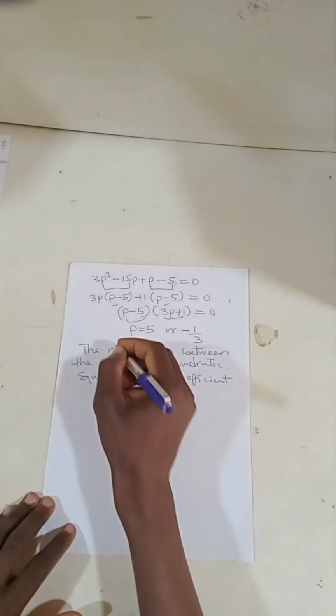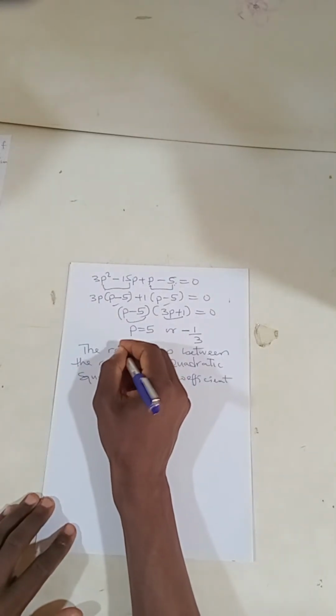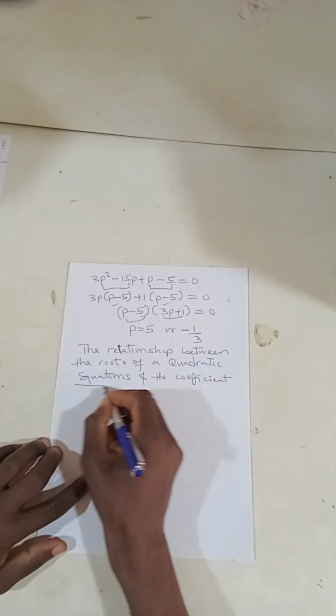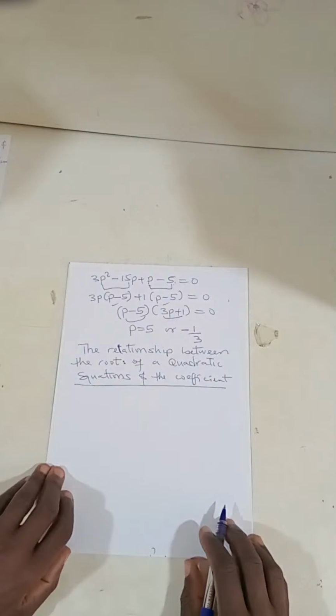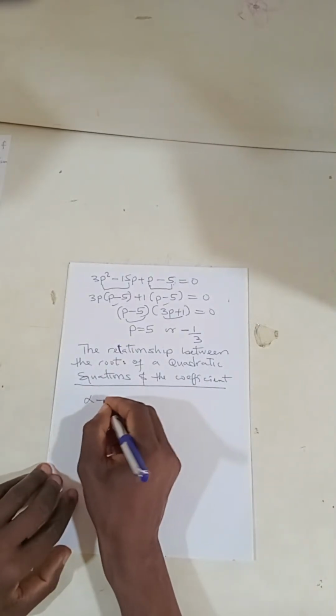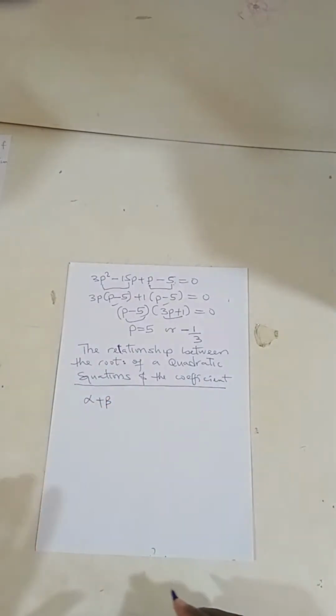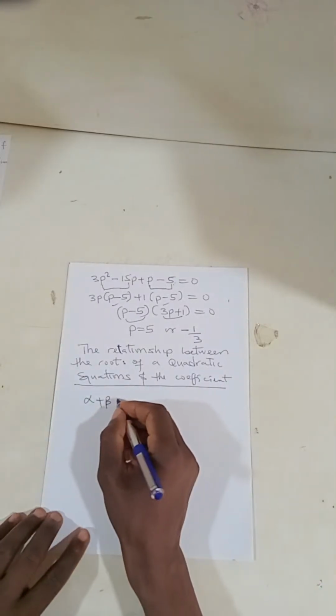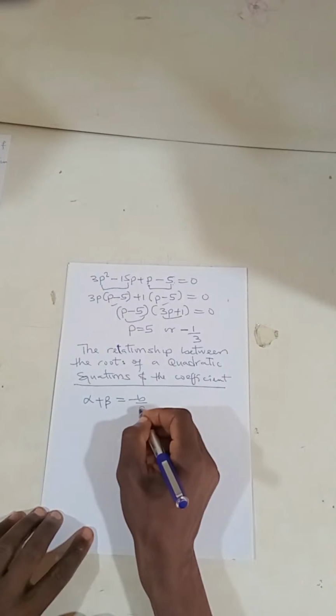So the second case is the relationship between the roots of the quadratic equations and the coefficients. You don't want to waste time proving the equation for us. You want to go straight to the sum of roots. And the roots we are using here are alpha and beta. So sum of roots is equal to what? Minus b over a.